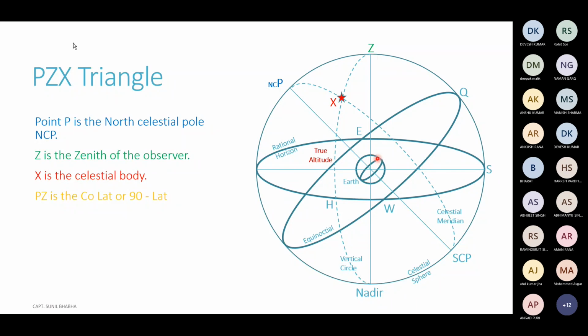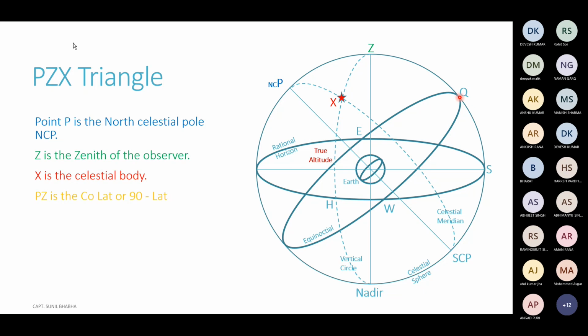Since Earth and celestial sphere are both concentric circles, whether you measure this arc on the surface of Earth or on the celestial sphere, the arc remains the same. So ZQ or QZ is the latitude of the observer.